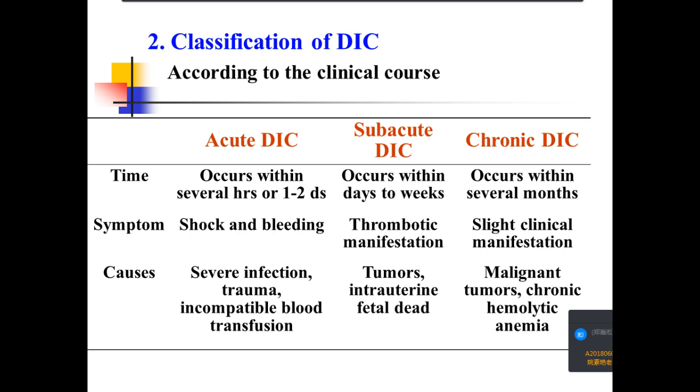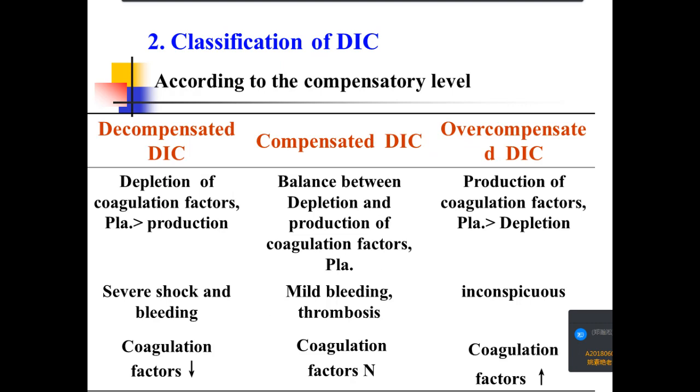Now it is another classification. According to the compensatory level, we know that during the first stage, the hypercoagulable state forms microthrombus, and coagulation factors and platelets are consumed. Now, the patient has compensation, so the body produces coagulation factors and platelets.